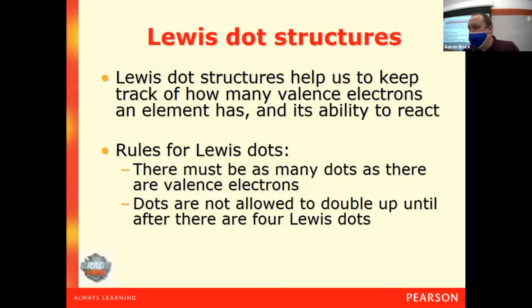Now, some rules for valence electrons and Lewis dots. In a Lewis dot structure, we are going to have an elemental symbol. For lack of a better term, we're going to use the X. And around that X, there are going to be 4 places where we can put Lewis dots, on each of the 4 cardinal directions on each side of that symbol.